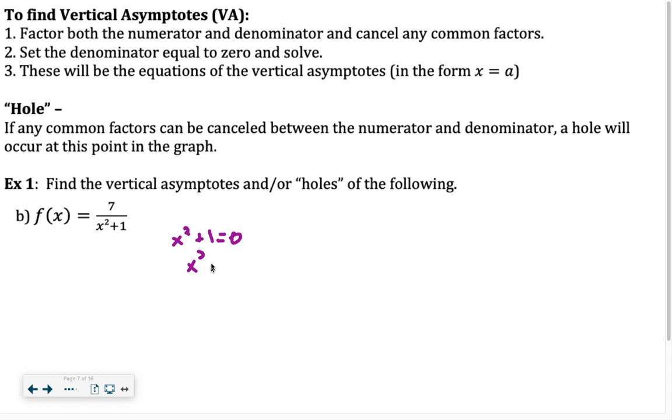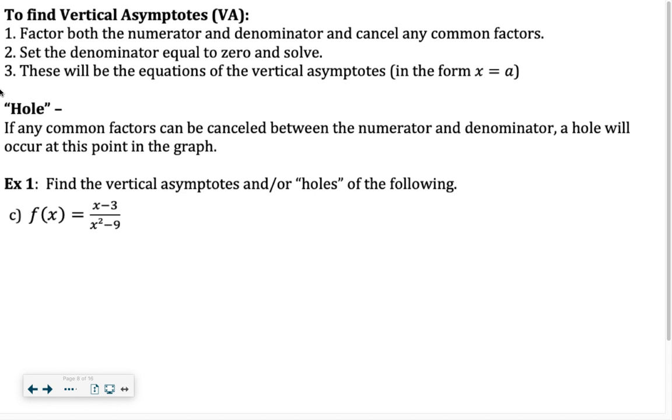Subtract 1 over, take the square root, and the square root of -1 would actually just be plus or minus i. So what that means, since I did not get any real numbers, that means that there are no vertical asymptotes. We didn't find any holes either. So we can just say no VA, right? No vertical asymptotes for this example.